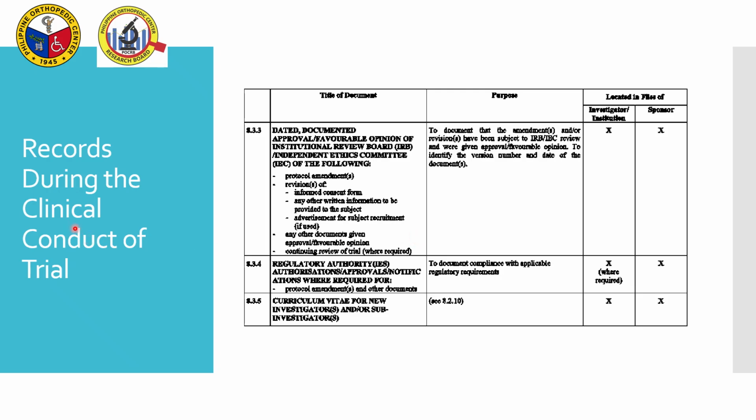For the continuation of the records during the clinical conduct of the trial, dated and documented approval or favorable opinions from the Institutional Review Board, or IRB, or the Independent Ethics Committee, or IEC. What needs approval?